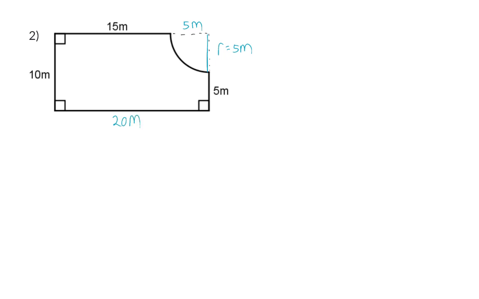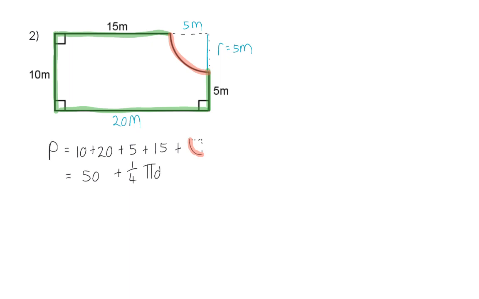When we now get to the perimeter of the shape, we can add up the sides of 10, 20, 5, and 15. And to this, we still need to add the arc of our quarter circle. So now we already have 50 meters, and we need to add a quarter of the circumference of a circle, which is pi times diameter.